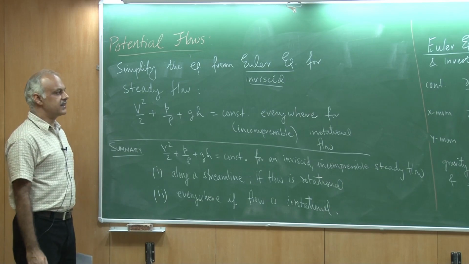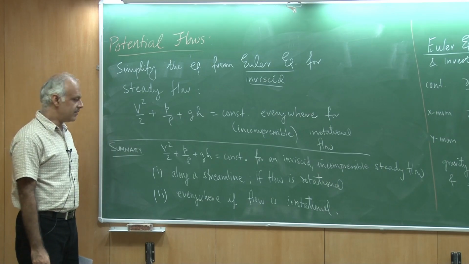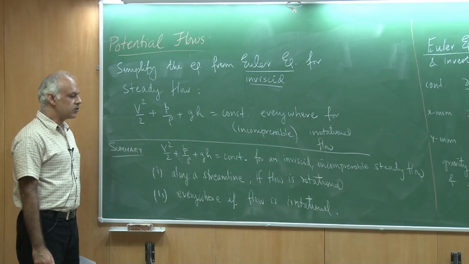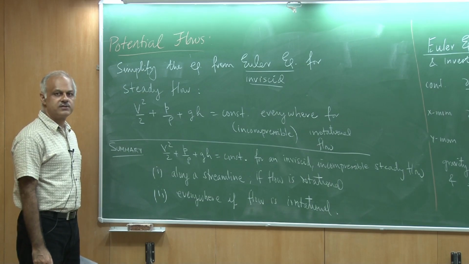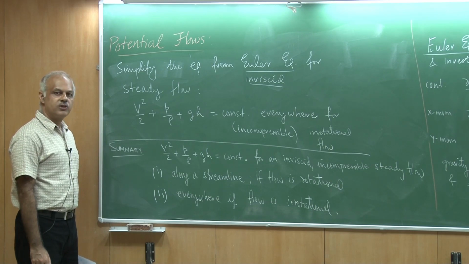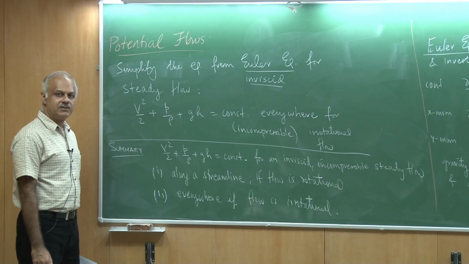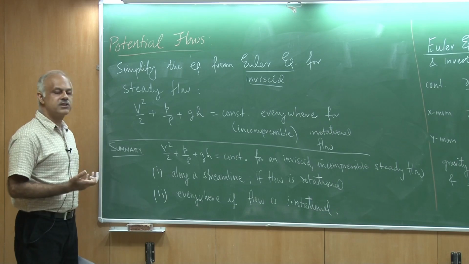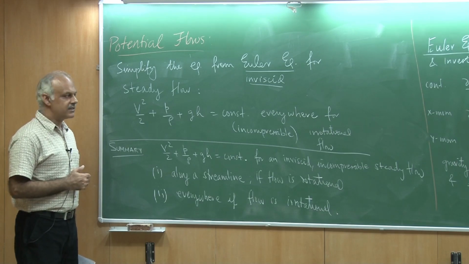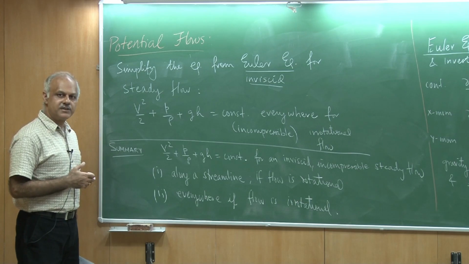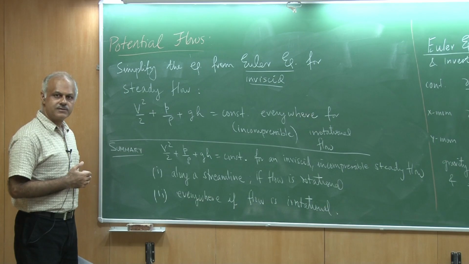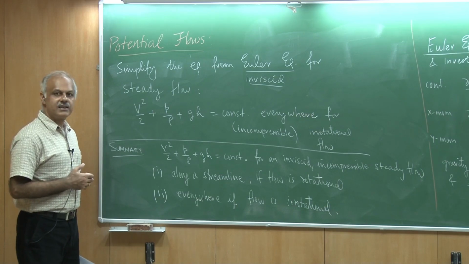All right, so let me just recollect what we have done today and then we will stop. So, we started looking at potential flows and we realized that there are two options to define potential flows in terms of the velocity potential phi or the stream function psi, and we discussed both their pros and cons. The stream function already satisfies incompressibility and it is valid for all kinds of flows, but it is a scalar in 2 dimensions only.